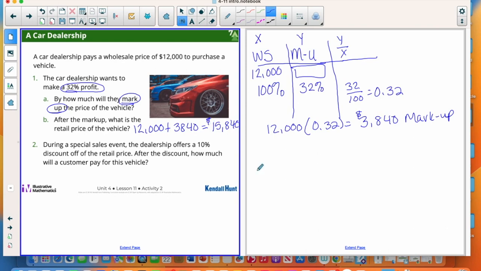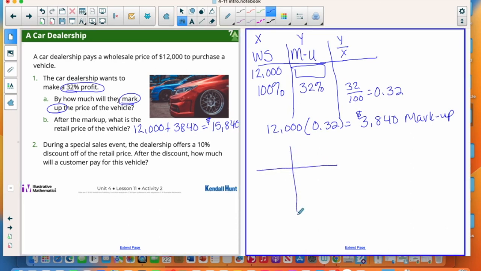Now, we could also have done that second question as a table. We could have said we have our wholesale and we have our retail. Wholesale comes first. So we have our $12,000, trying to find our retail. Wholesale's 100%. It was marked up, so we're adding on. So we now have 132%.